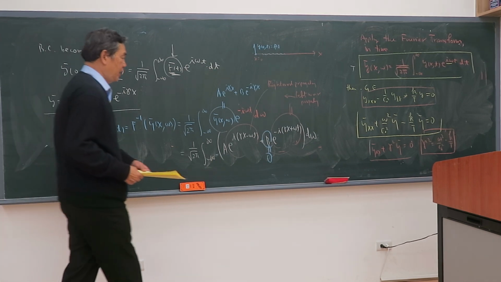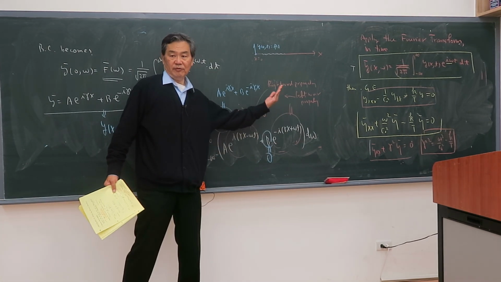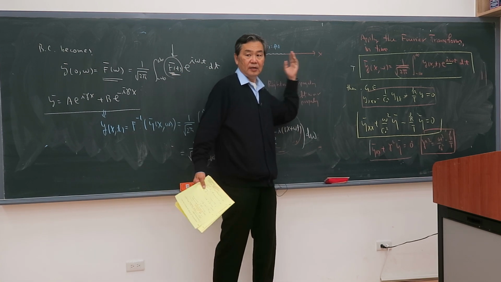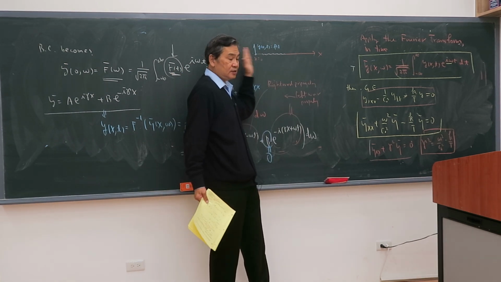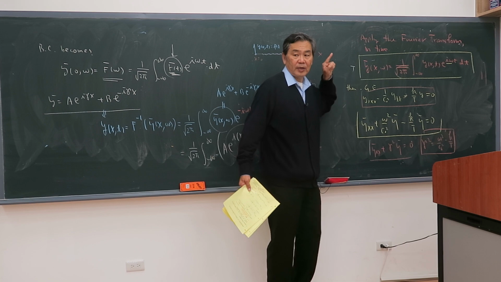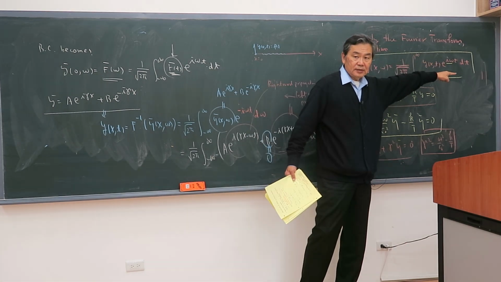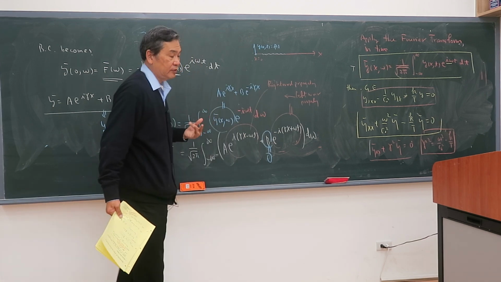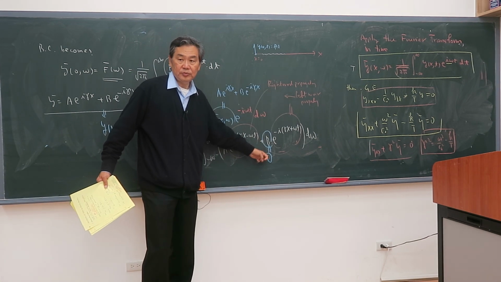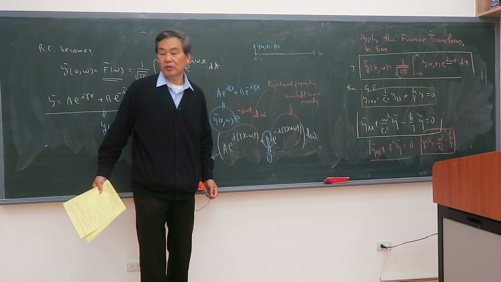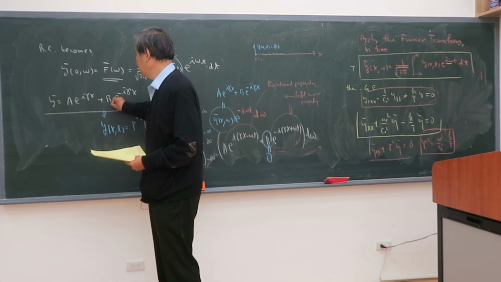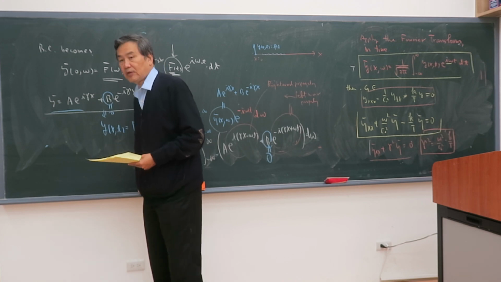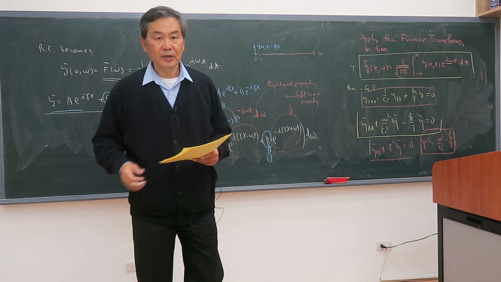Otherwise, you will have some solution that is not meaningful, because there is no reflection. This is infinite, right? I give a signal from the end. Suppose all the waveform is propagating to the right. No reflection means no leftward propagating wave. So this B should be enforced to be 0.